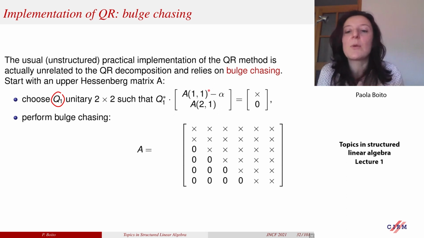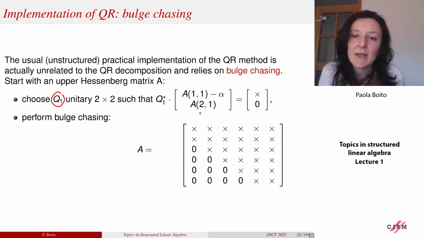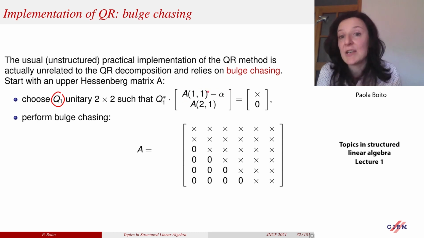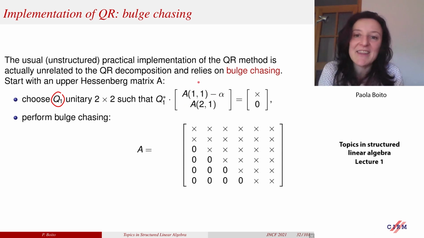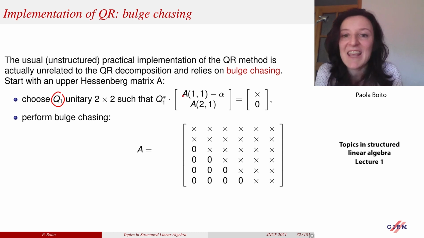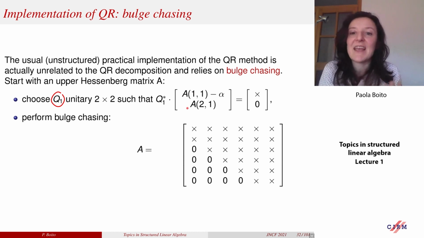And I won't go into the details, but this is chosen taking into consideration also the so-called shift strategy. In practice, one does not apply the algorithm to the matrix A, but to the matrix A minus a multiple of the identity, or to a certain polynomial in the matrix A, because this improves convergence.